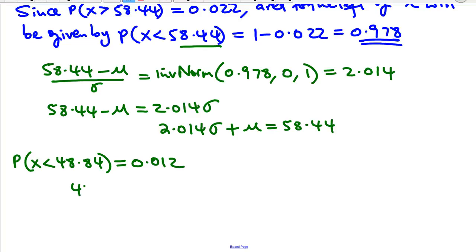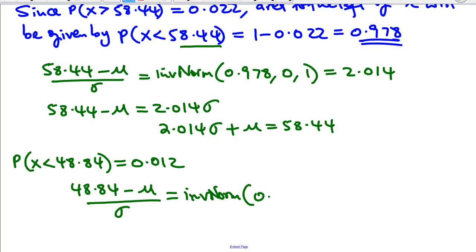So 48.84 minus the mean divided by the standard deviation will be inverse normal of the area, which is 0.012. And this will give us negative 2.257 if you plug it in your calculator.